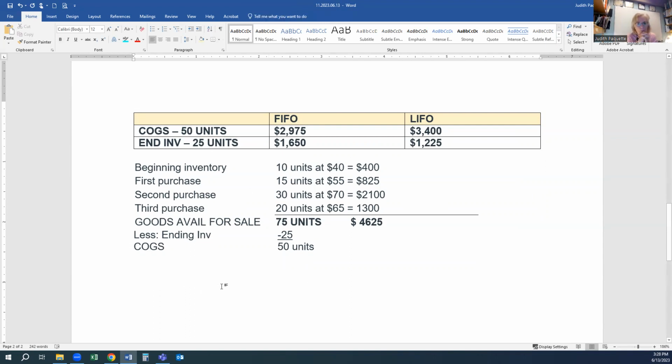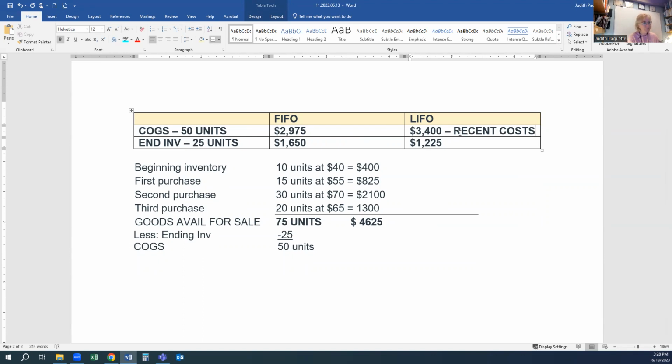Can anybody explain why LIFO is higher given this set of information? Because you're taking the newer costs, the most recent costs, which account for inflation and increased prices. So we definitely are using the most recent costs with LIFO for cost of goods sold.